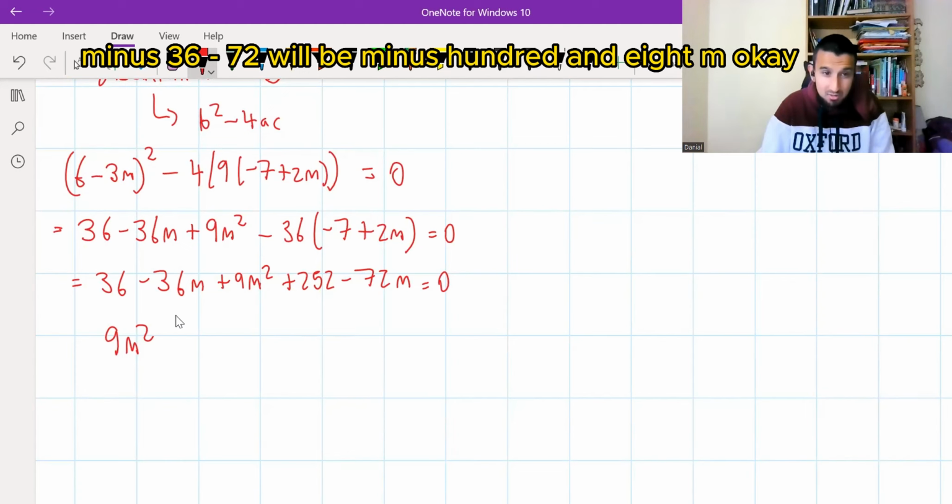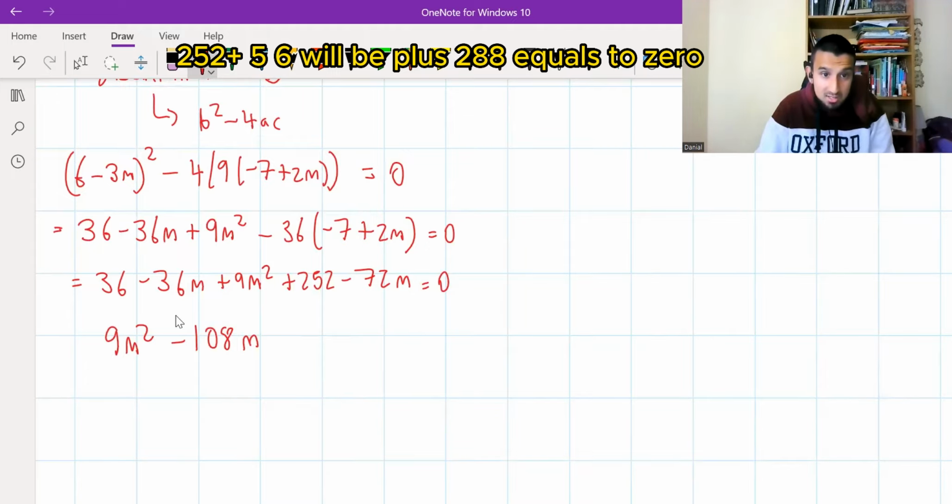Minus 36m minus 72m will be minus 108m. 252 plus 36 will be plus 288 equals 0.